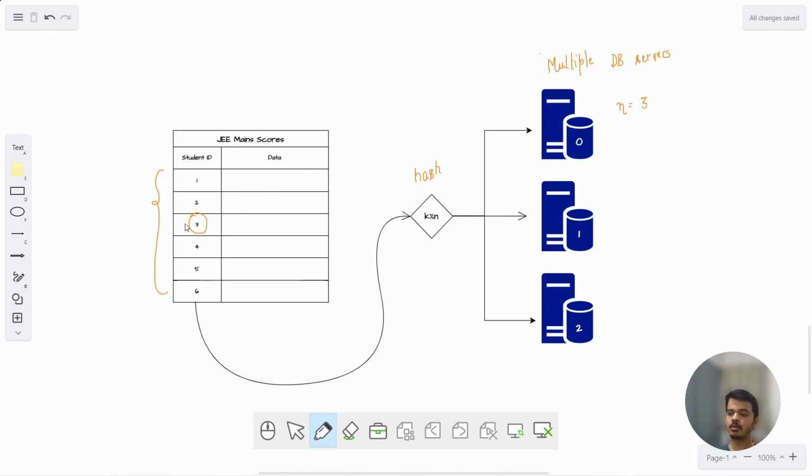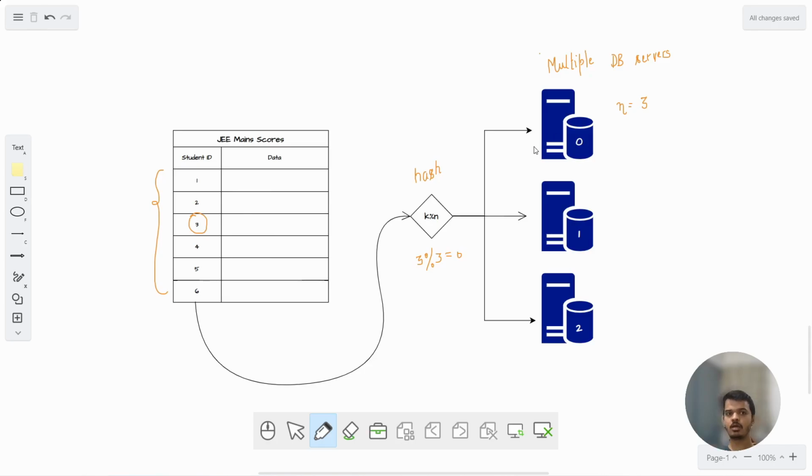How will you write? So in order to identify which database server to use, you will take the key, that is the student ID, and you will perform mod with respect to 3. What do you get? You get 0, right? So the student with ID 3 will be stored on server number 0.